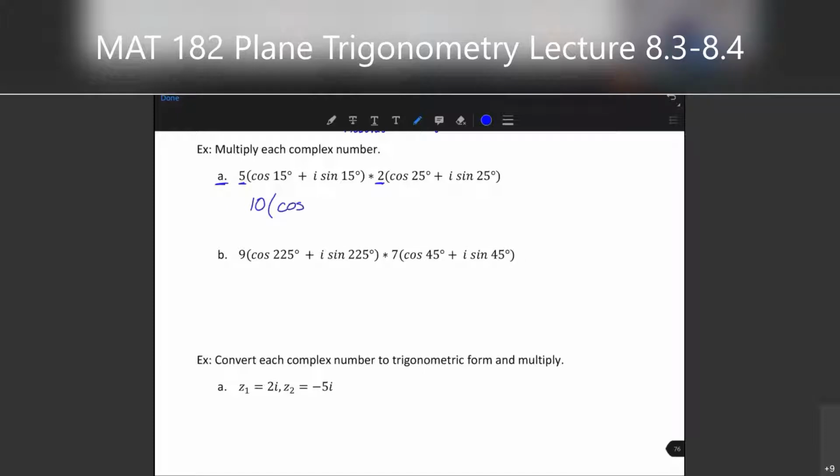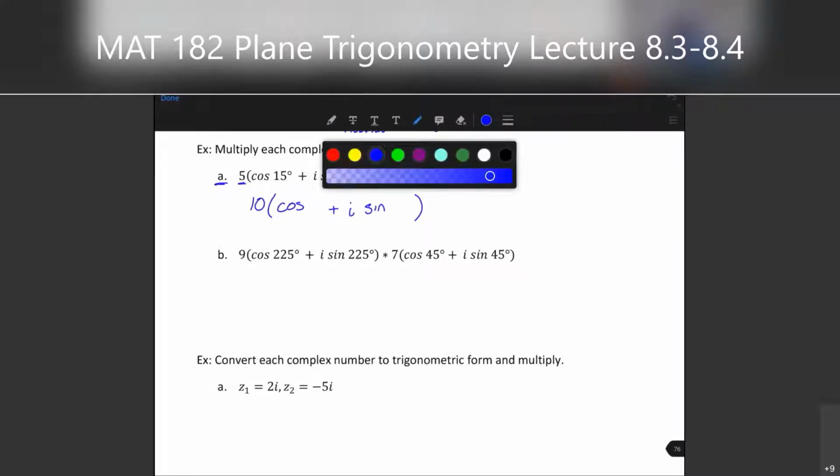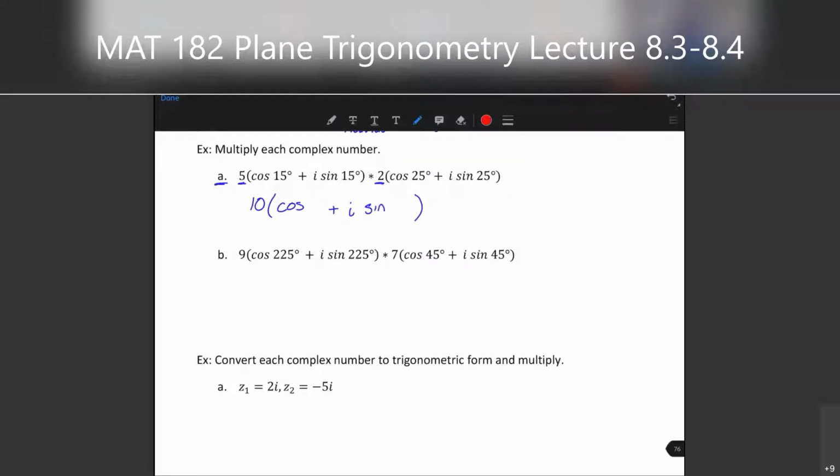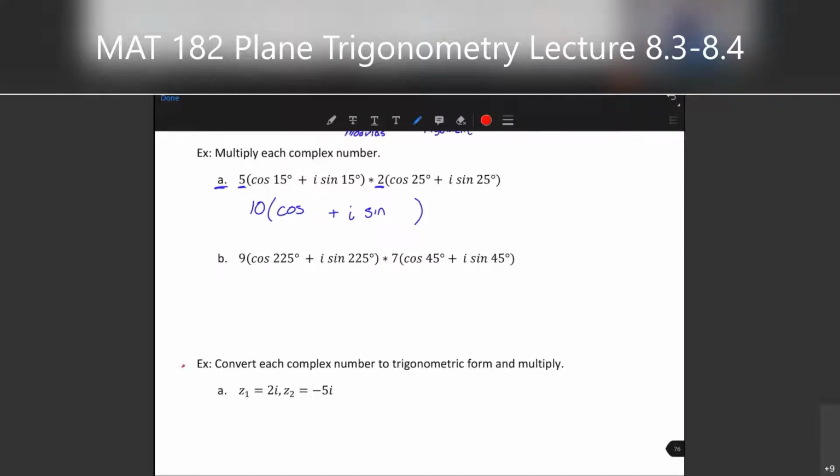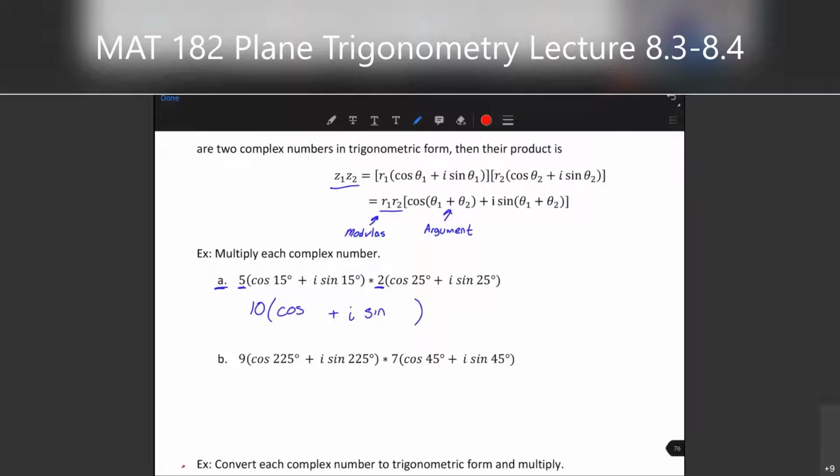And then we'll have a cosine of some angle plus i sine of some other angle. And what would be the argument, in other words, the angle that's produced from this complex number? If we looked at our definition again.